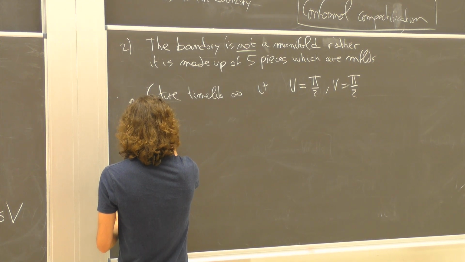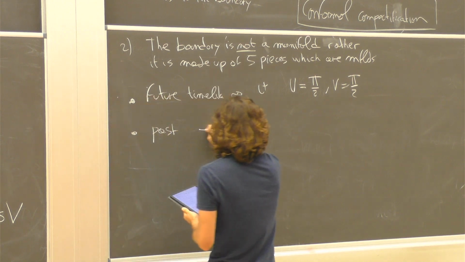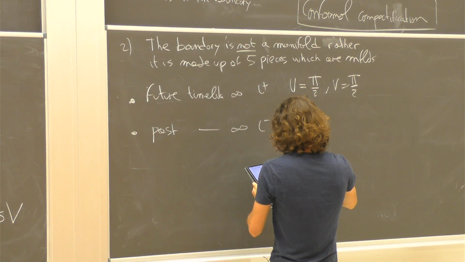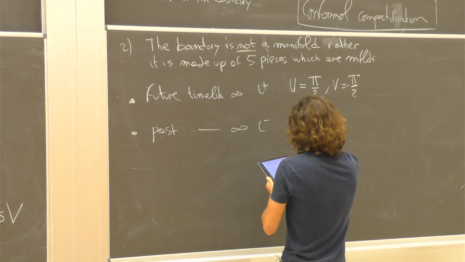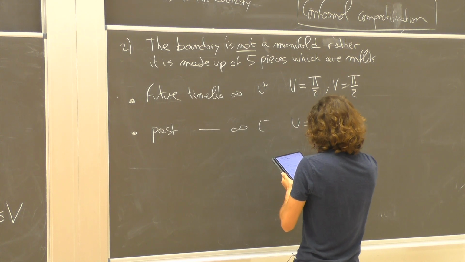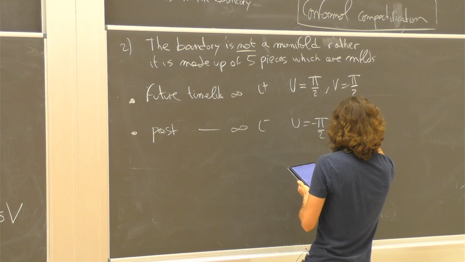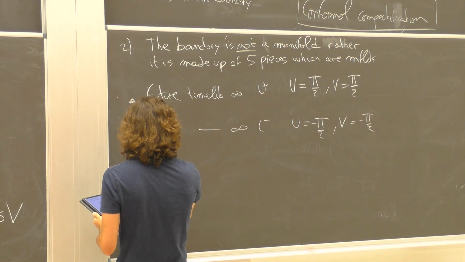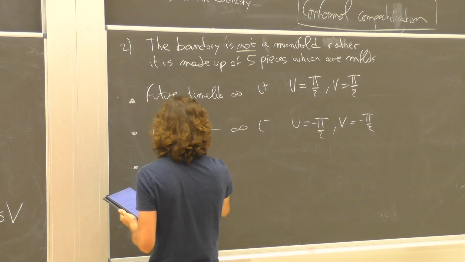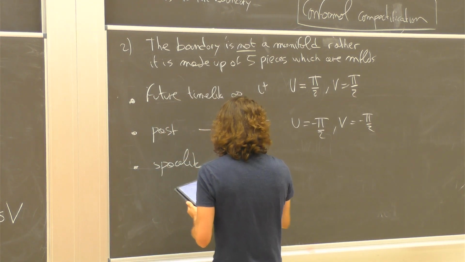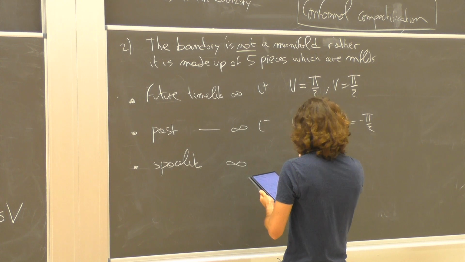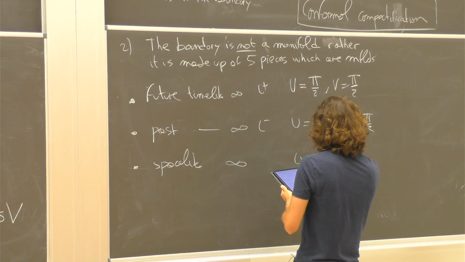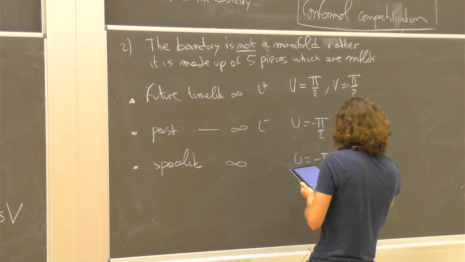So past time-like infinity, I minus, which is what? Yeah, u equal minus pi over 2, v equal minus pi over 2, and space-like infinity, I0, u equal minus pi over 2, v equal pi over 2.